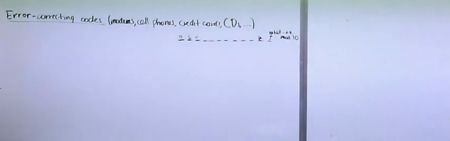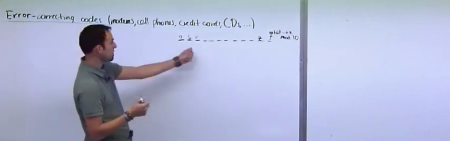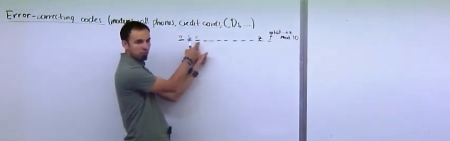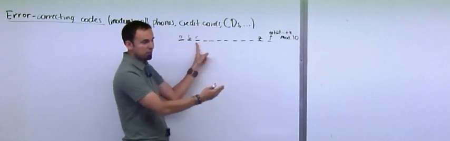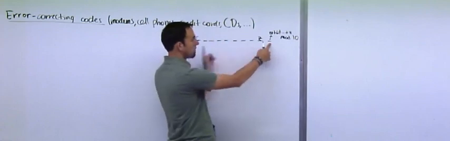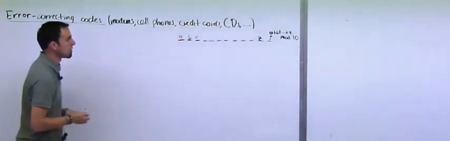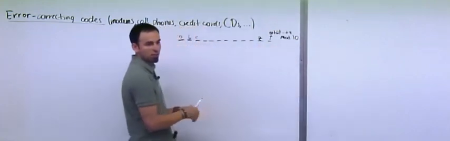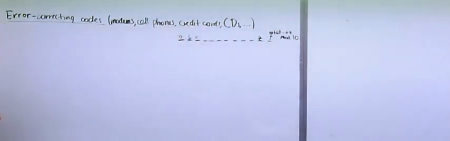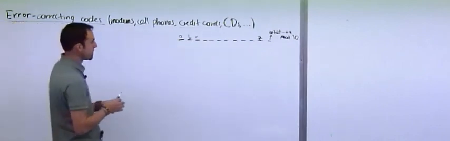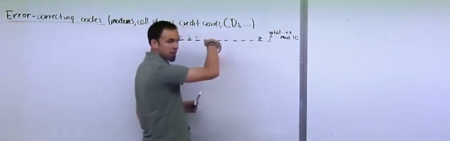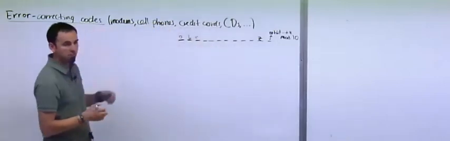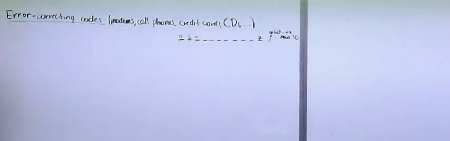If you happen to type a 3 instead of a 4 here, it's very simple to check the last digit and see right away that there is a mistake. Credit cards have, I think, 2 or 3 digits that just do this, and they don't tell you how to do it because they want to prevent fraud. But basically, they have these last digits that check and correct for any errors that you might have made. Okay.